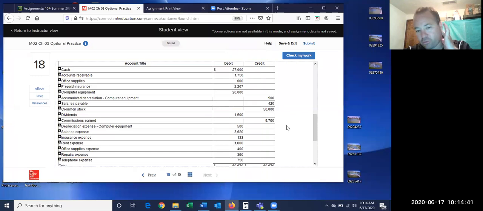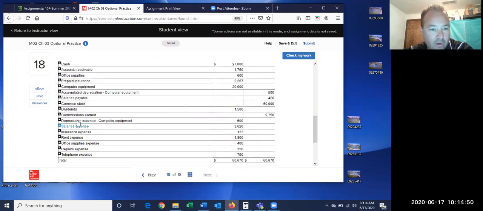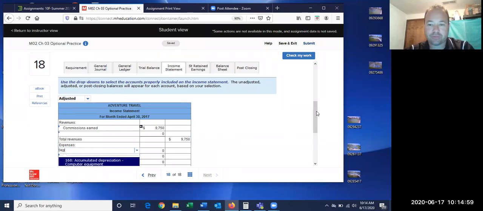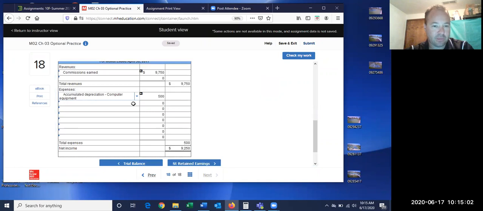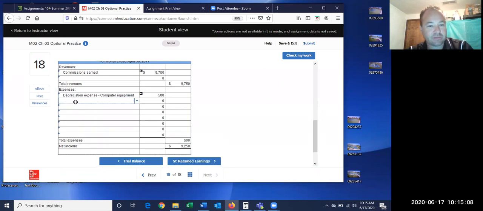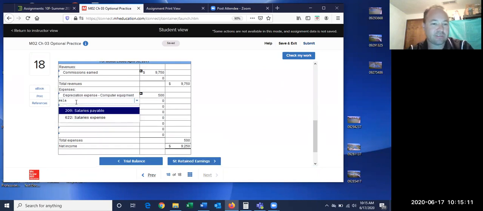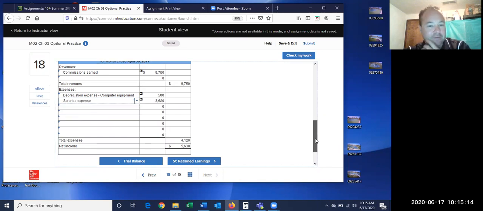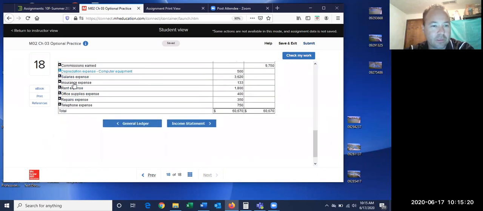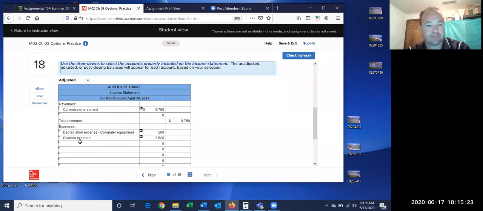Okay, so let's just go through and we'll just have to remember what accounts. So the first two we have, remember we're doing the income statement. We're now ready to do our depreciation expense and our salaries expense. Our next two, insurance and rent.